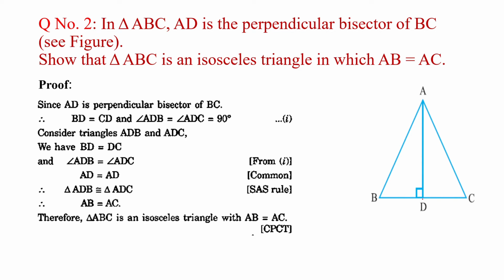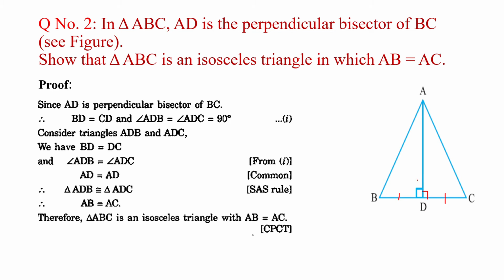Perpendicular means angle ADB and angle ADC both are 90 degrees. Then this is also a bisector, meaning BD is equal to DC. AD is forming a 90 degree angle with BC and BD is equal to DC.